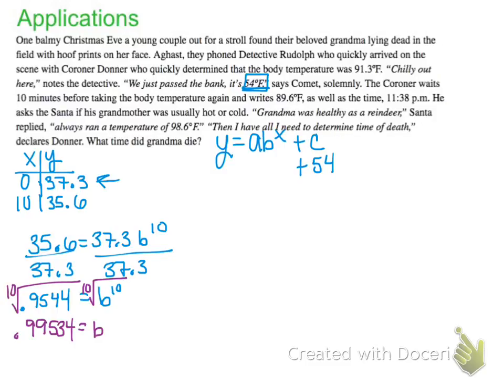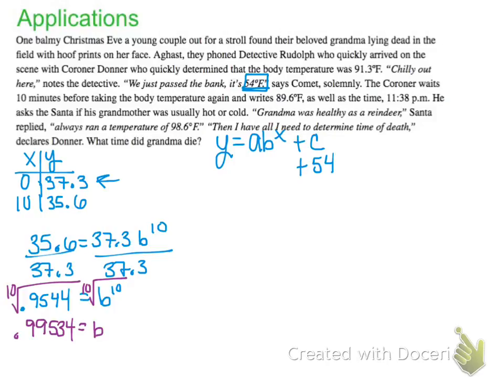So remember, to get the 10th root on your calculator, you're going to want to first type in 10, then hit the math button on the left-hand side, and then I believe it's number 5 where it has the x and then the radical symbol. Then type in that decimal, 0.9544, and I found my b value to be 0.99534.